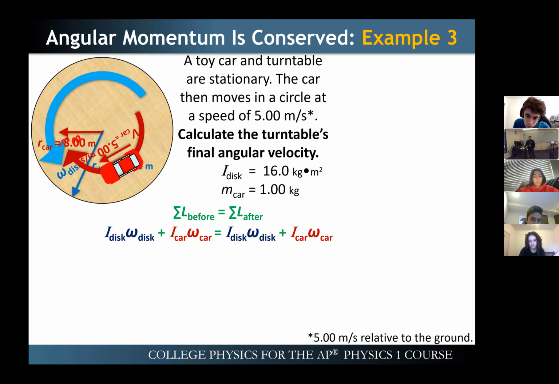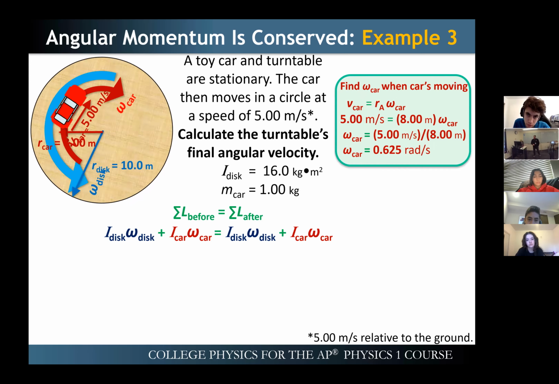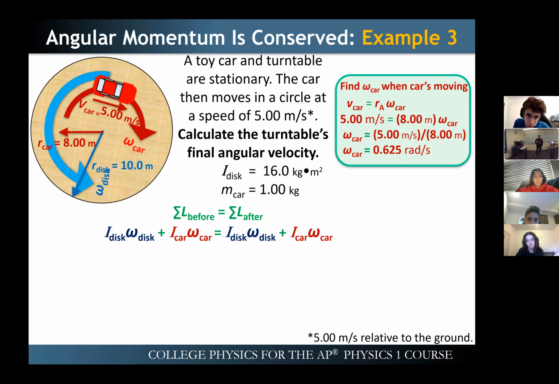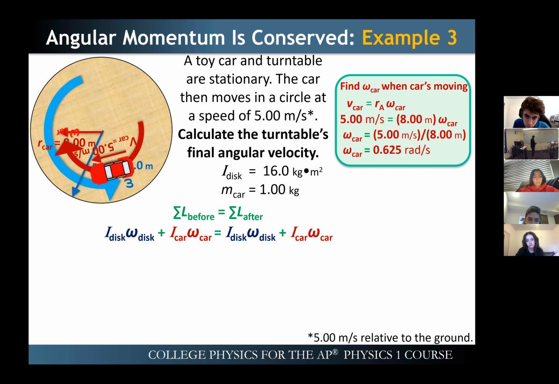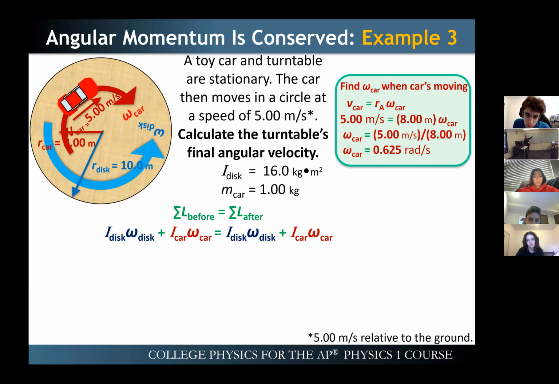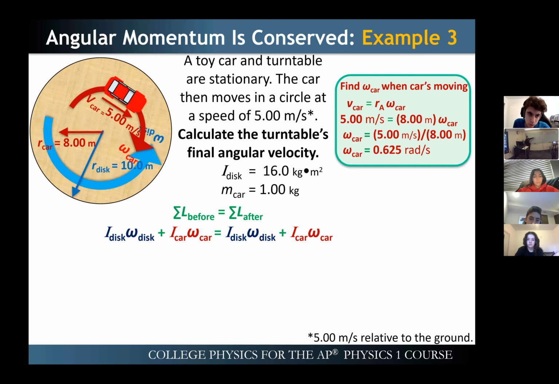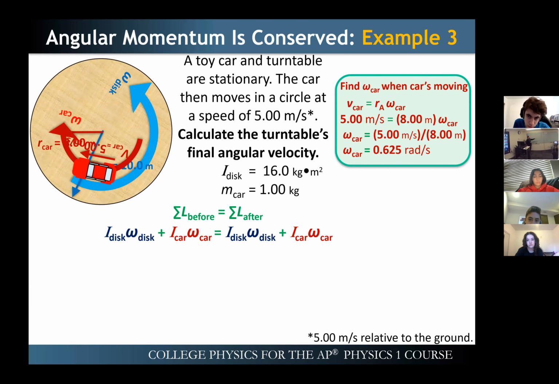All right. So if we start to break down this problem a little bit, we don't know the omega for the car, right? We only know the velocity, 5 meters per second. But we've got this relationship of angular to linear that we've been coming back to frequently. And like I said, these are so helpful and so powerful, and they're not on the AP list, but we keep using them over and over again.